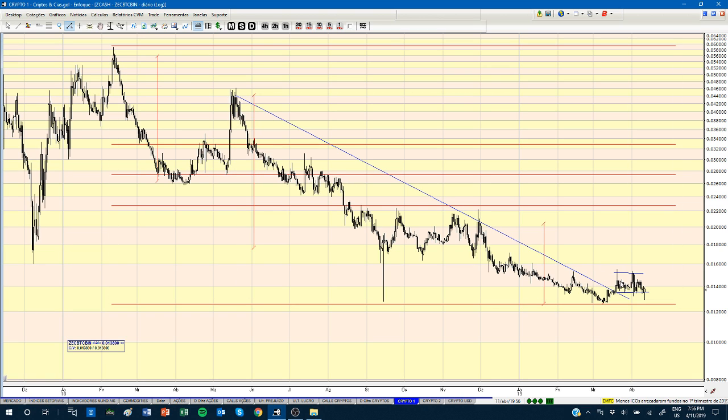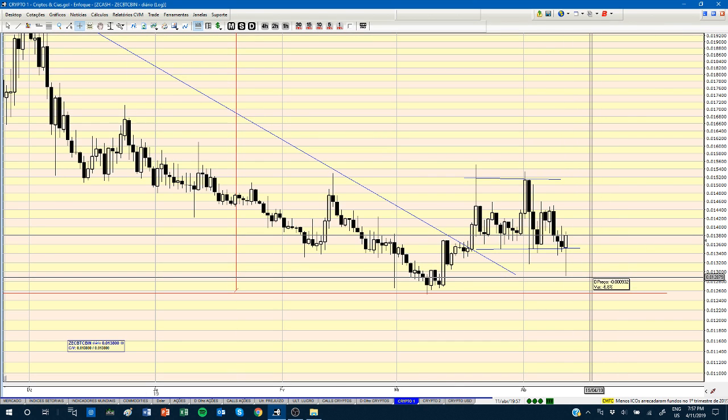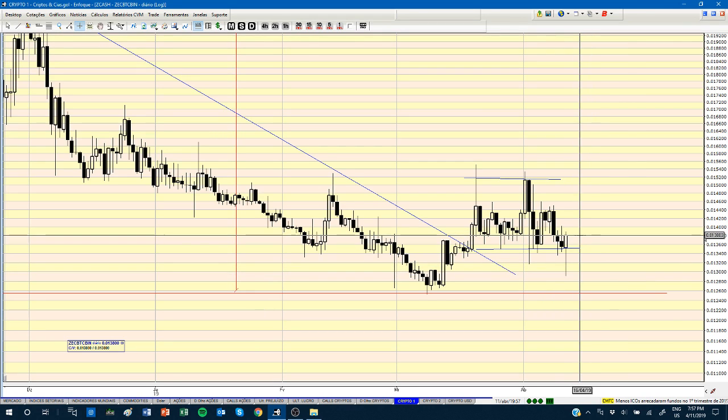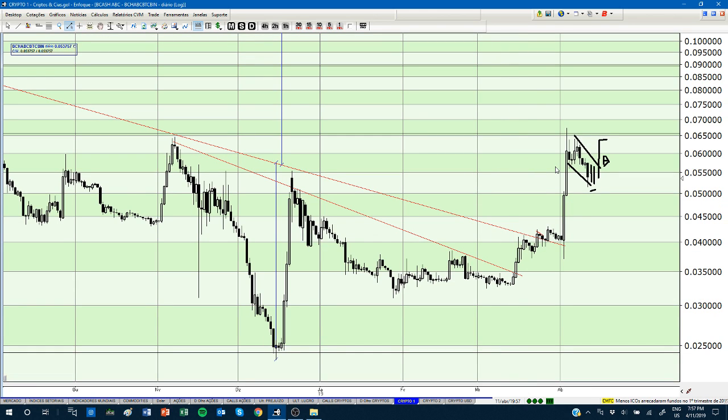Zcash has broken this resistance level and is accumulating in a probable rectangle, even though today it held tight in the support of the rectangle and is producing already a hammer. So if it's a hammer, well, unfortunately we would have to buy it. It's 6.8 away from a stop level. I think it's a good idea.